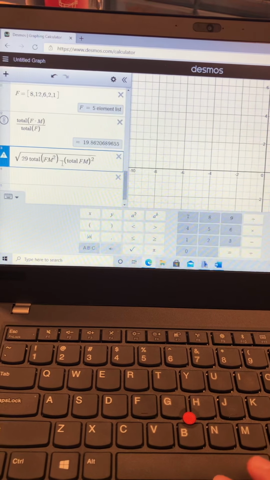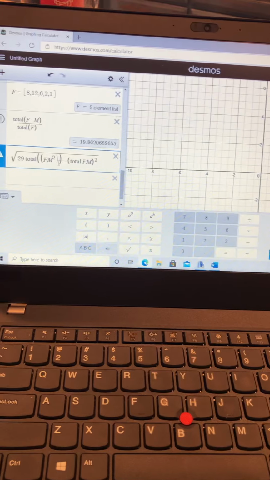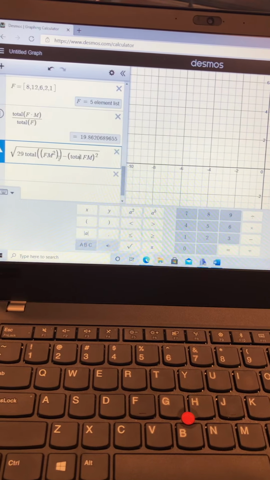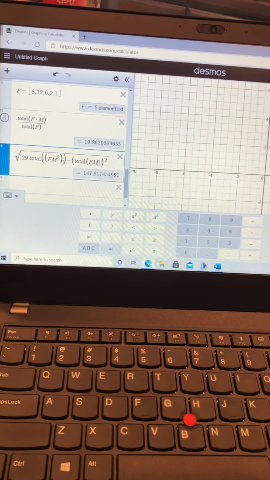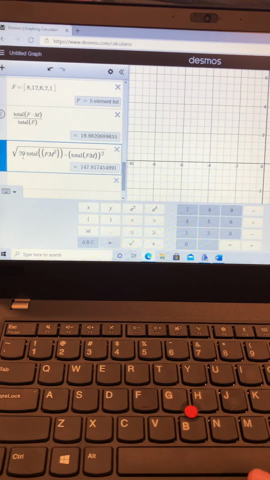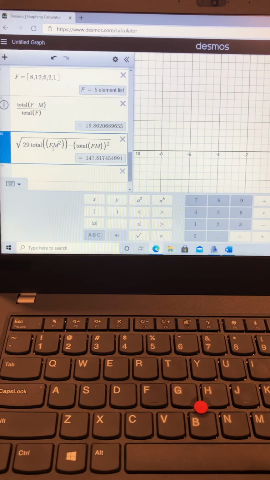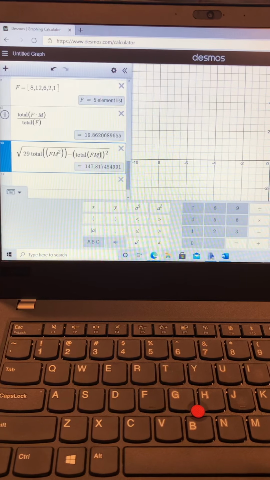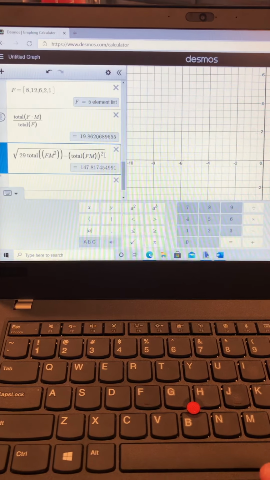I always feel better if I put parentheses around this so that it does that whole total. So let me add those in. It's the total of f times m. So the 29 is my n times my total of my frequency times my midpoint squared minus the total of my frequency times my midpoints, and then that whole thing squared.